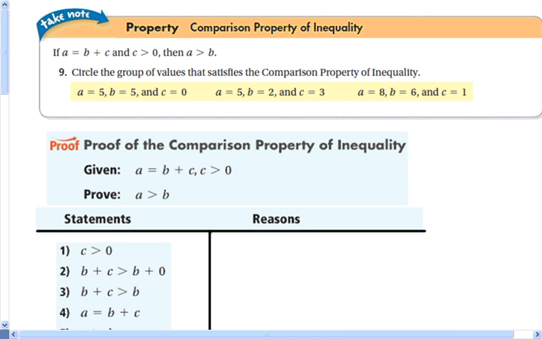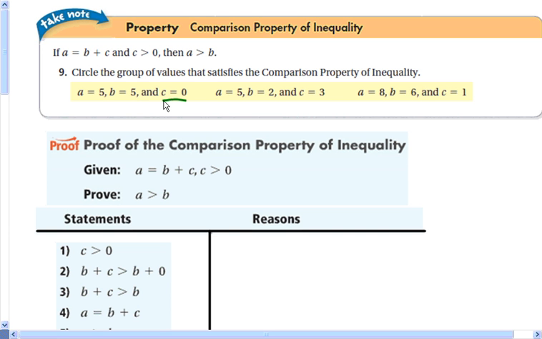Comparison property of inequalities. If A equals B plus C and C is greater than 0, then A is greater than B. Circle the group of values that satisfies this. The first one does not because C is not greater than 0. C is equal to 0, so we don't want that one.